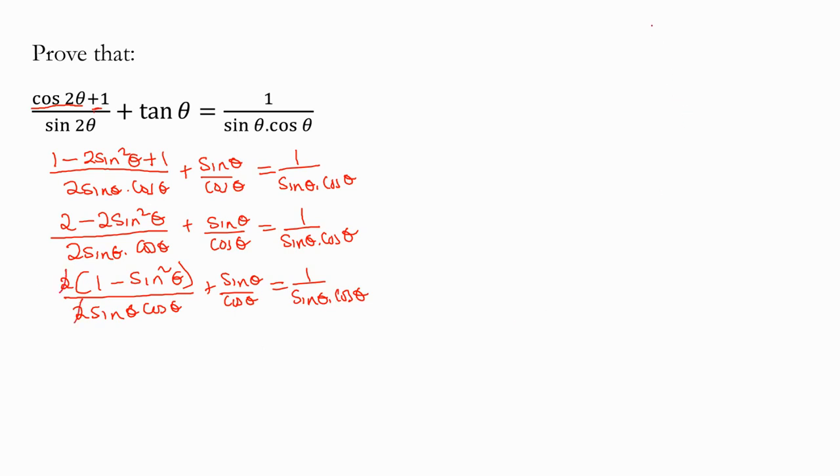But remember that from this identity, we do this in grade 11, isn't it? Cos squared theta plus sine squared theta is equal to 1. And from this, we know that cos squared theta is equal to 1 minus sine squared theta, and sine squared theta is equal to 1 minus cos squared theta. So now we know that 1 minus sine squared theta is going to be cos squared theta.